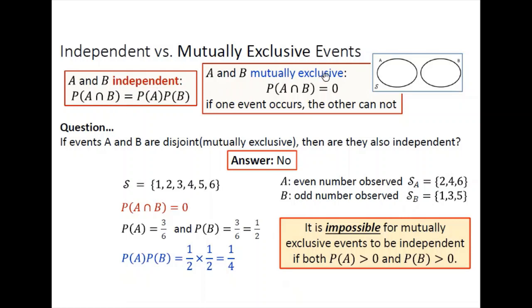In mutually exclusive events, A and B don't have any outcomes in common. They are completely disjoint. A intersection B is empty, but in independent events, A and B have outcomes in common. The intersection is not empty.